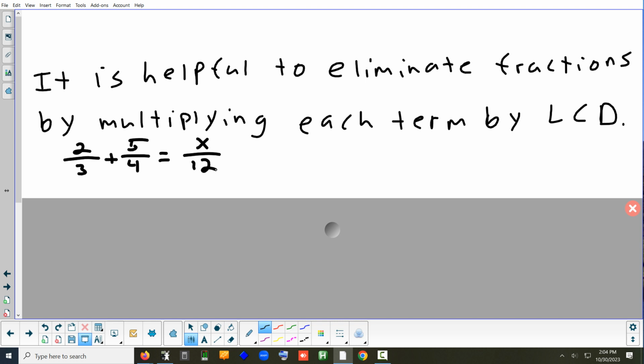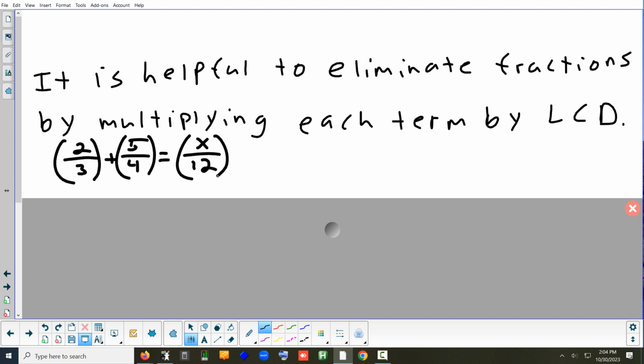If I was going to solve that, I would want to multiply this, and that, by something that would get rid of all those fractions. Does anybody see a number that 3 goes into, 4 goes into, and 12 goes into?